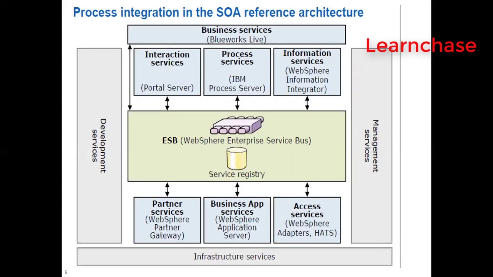We have business services at the top, then we have interaction services, process services. Your ESB is basically a backbone which allows your application or your system to communicate with the rest of the systems within your organization, or out of your organization as well, as we discussed earlier.